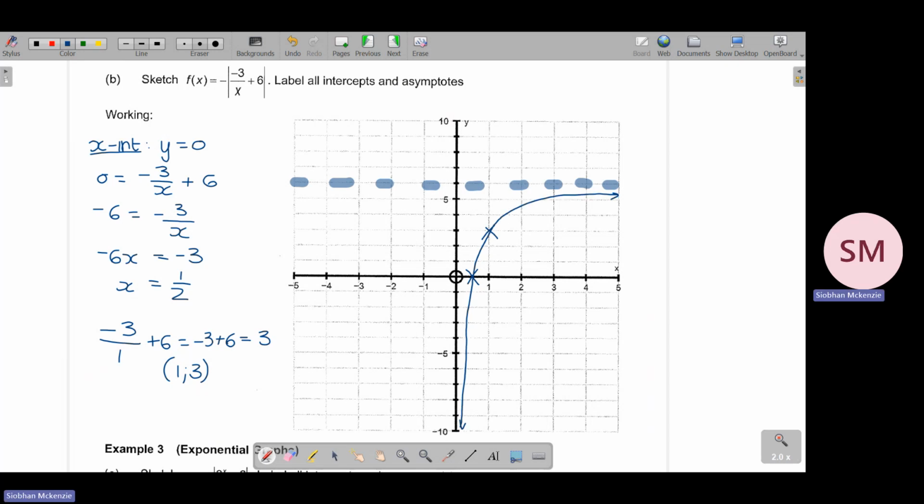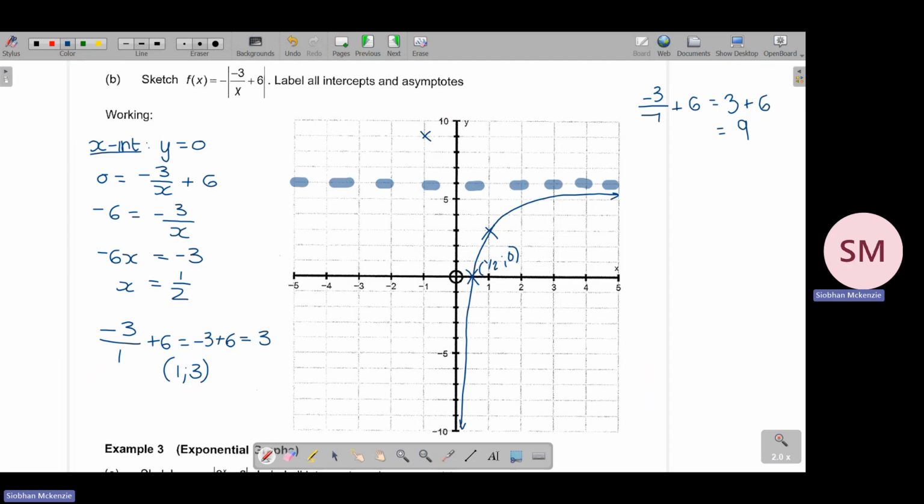Okay. We still need this part of the curve, right? So we're going to substitute some negative values there. So let's look at minus 1. If I substitute in minus 1, I'm looking at 3 plus 6 equals 9. So minus 1, 9. Okay.